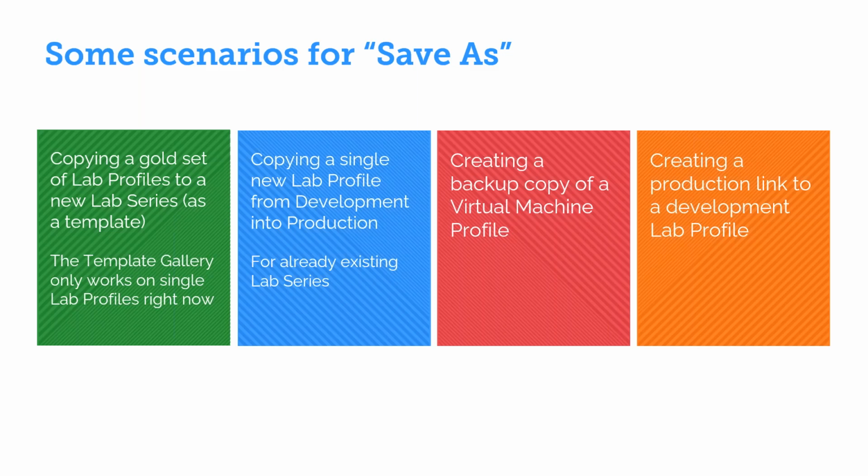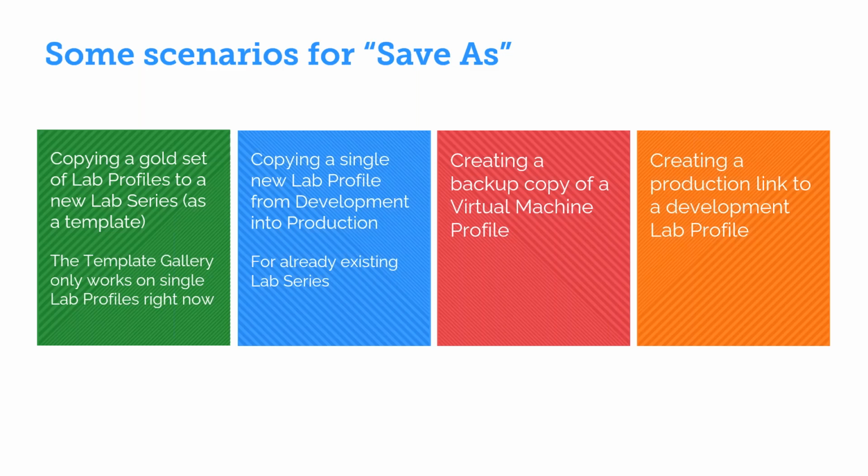You don't have to do anything other than set up that inheritance, and that way, if you make a change to the development environment, upon next launch, the people that are using that published lab profile out in production will get the changes that you have made on the next launch.